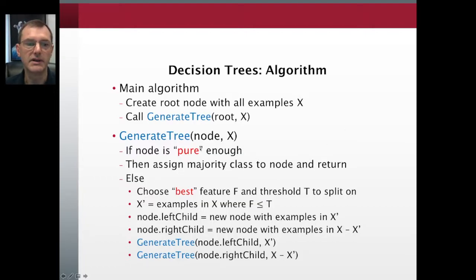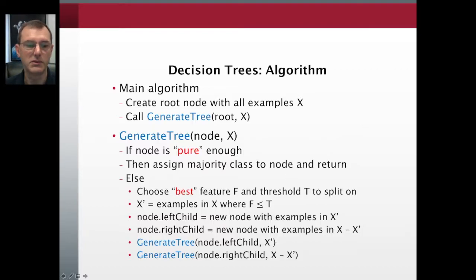To do that, we first check if the node that we're about to expand is what's called a pure node, meaning that most of the examples have the same class. If it is a pure node, then we assign it that majority class and return and not expand any further. If it's not pure enough, then we're going to need to split the node.